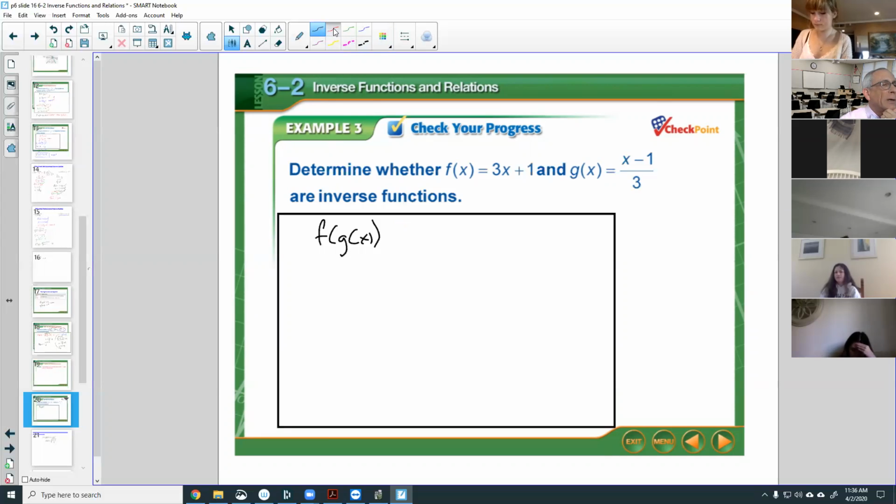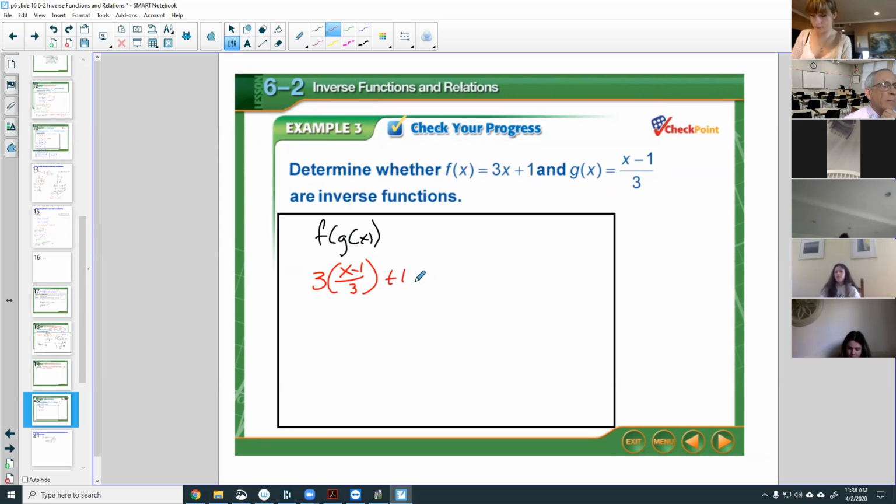All right, Raina, you ready to help me? I think so. Okay, give it a shot. What did you start out with? So I substituted x for the function of g of x. Okay, so what did it look like? I got 3 times x minus 1 over 3, plus 1.